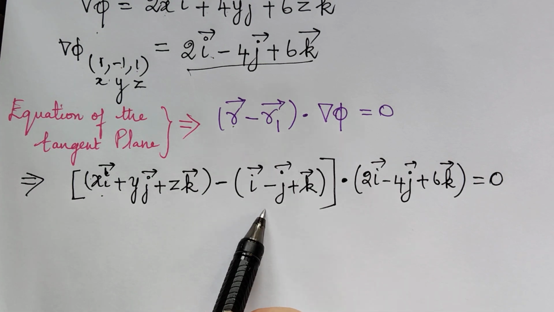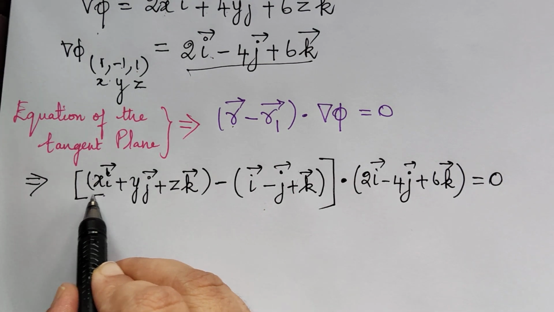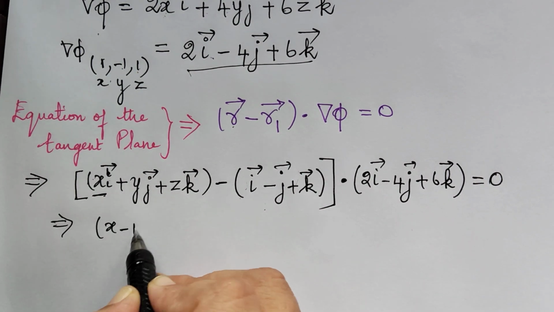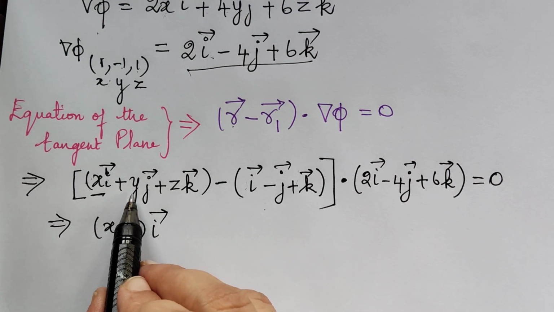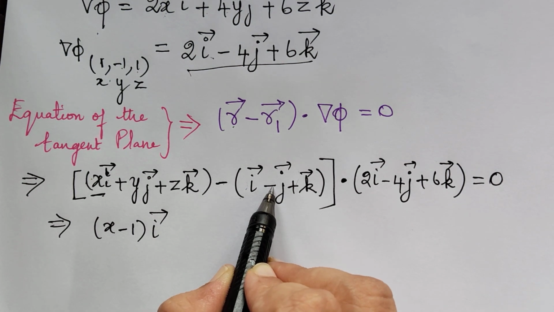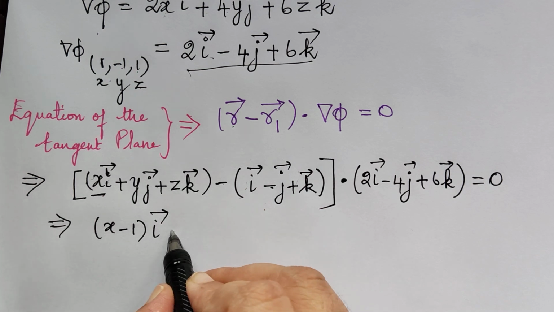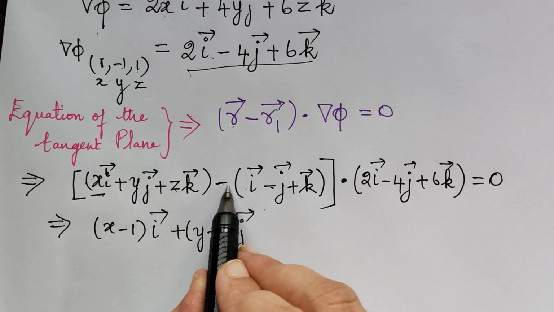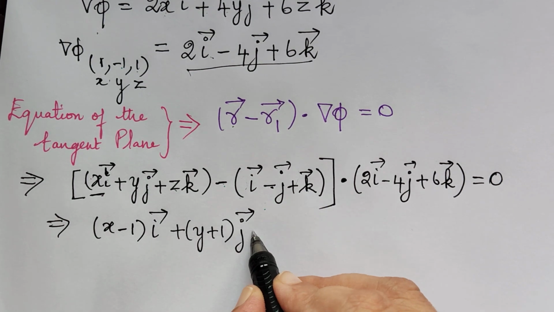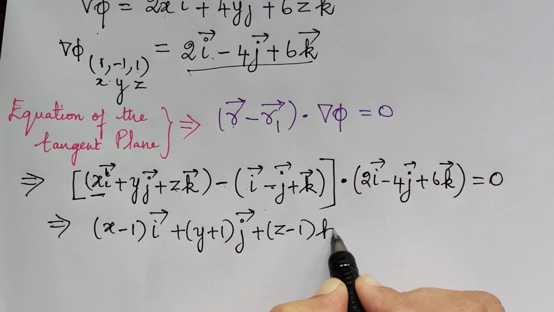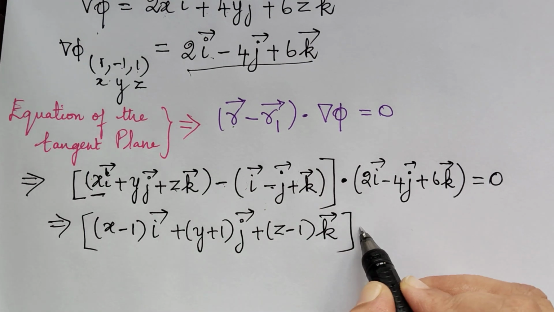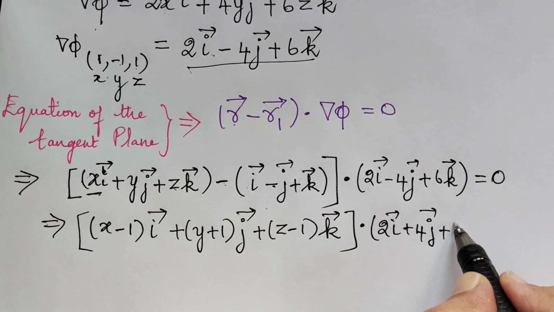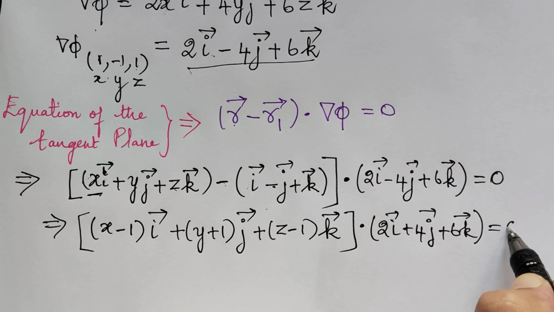So the subtraction has to be done component wise, that is x minus 1 i vector, and then y, minus into minus will become plus, so y plus 1 j vector, and then z minus 1 k vector, and this has to be taken dot product with 2i vector minus 4j vector plus 6k vector is equal to 0.